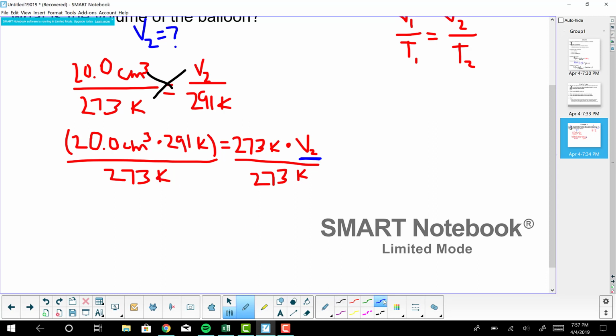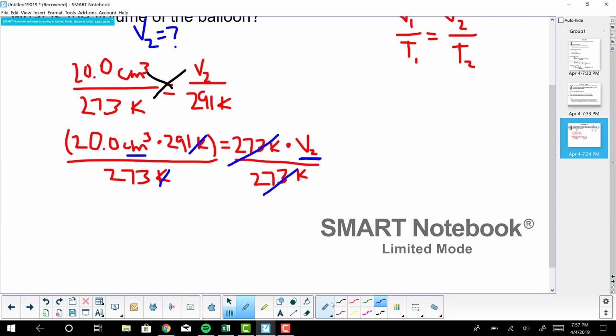All right, and now let's see what cancels out. On the right side, both of the 273 Kelvins cancel out. On the left side, both of the Kelvins cancel out. So the only unit we're left with is centimeters cubed. And if you go ahead and do this math, you do 20 centimeters cubed times 291 divided by 273.